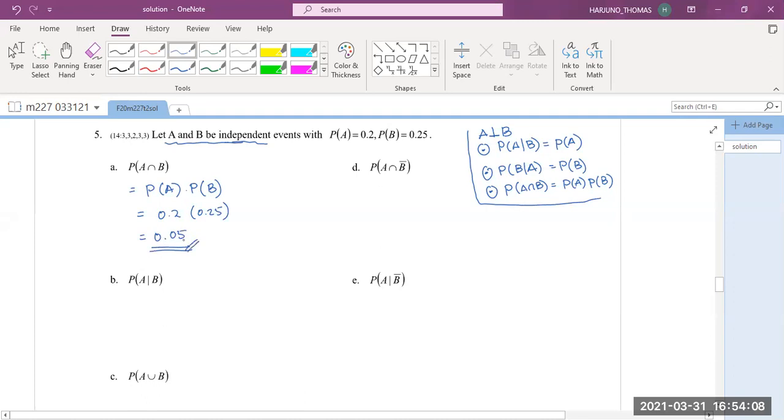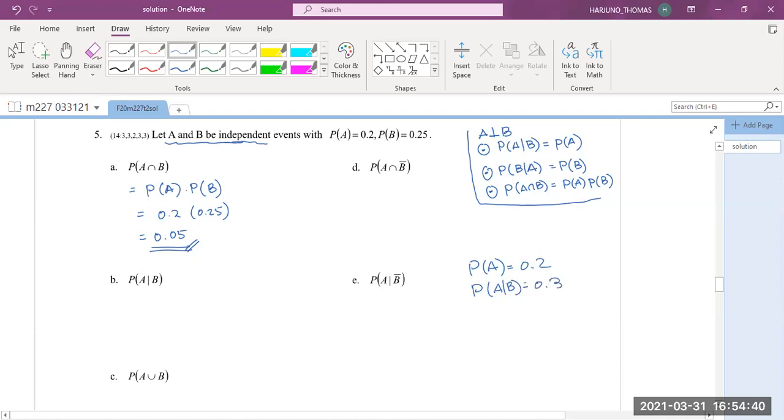Now, this is not the case all the time though. Only if these 2 events are independent. In my other tests later on, I hope we encounter the case when A and B are not independent. We know that A and B are not independent if, for example, I give you the probability of A, let's say 0.2 in this case, and the probability of A given B is, let's say 0.3.